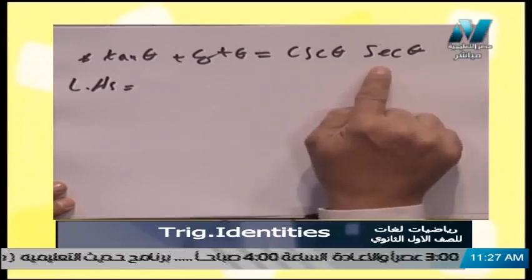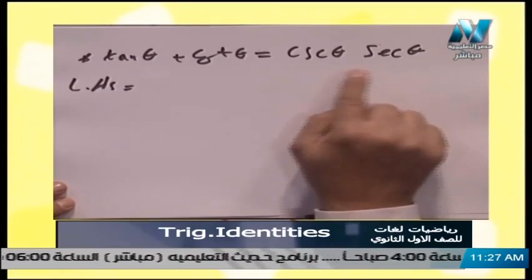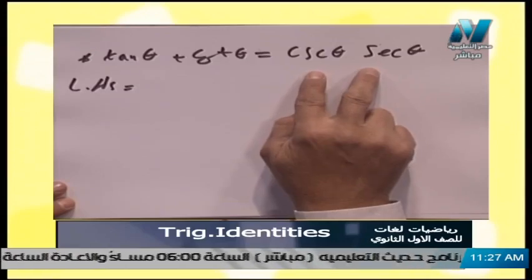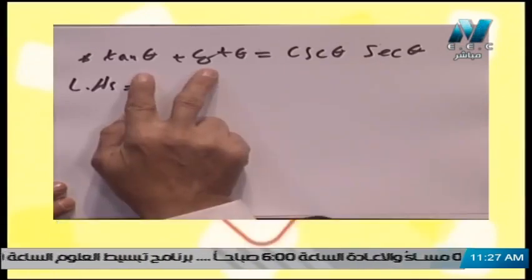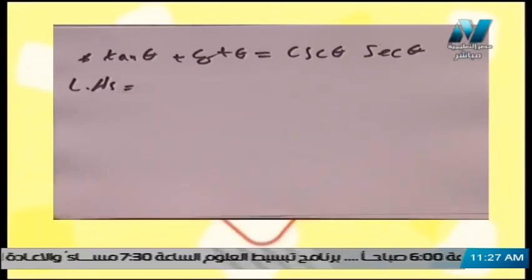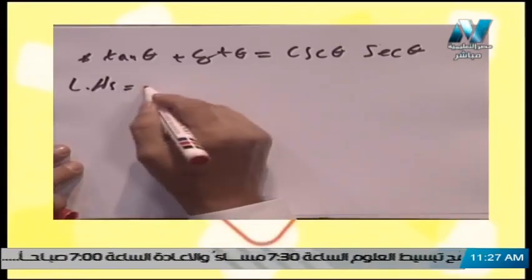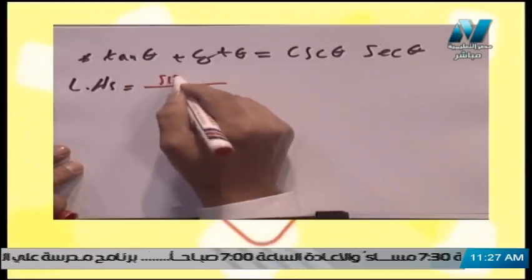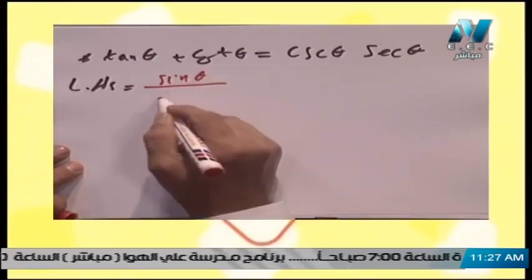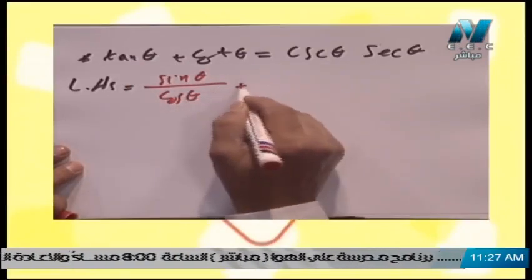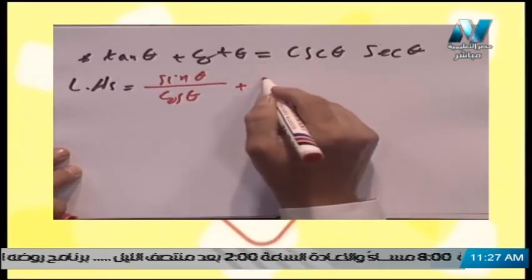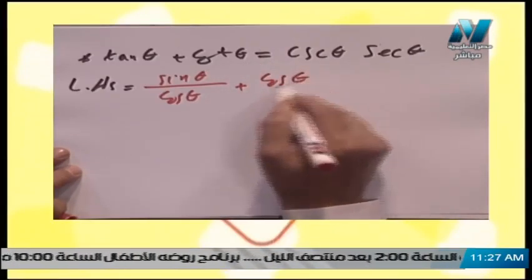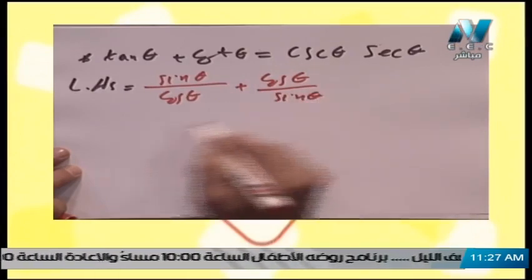The right hand side here is very simple, and we cannot easily make it into tan theta plus cotan theta, but we know that tan theta equals sine theta over cosine theta, plus cotan theta equals cosine theta over sine theta.